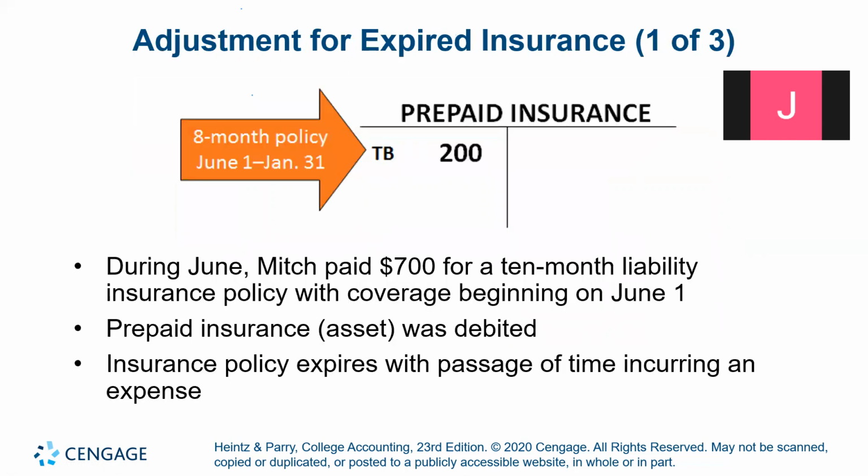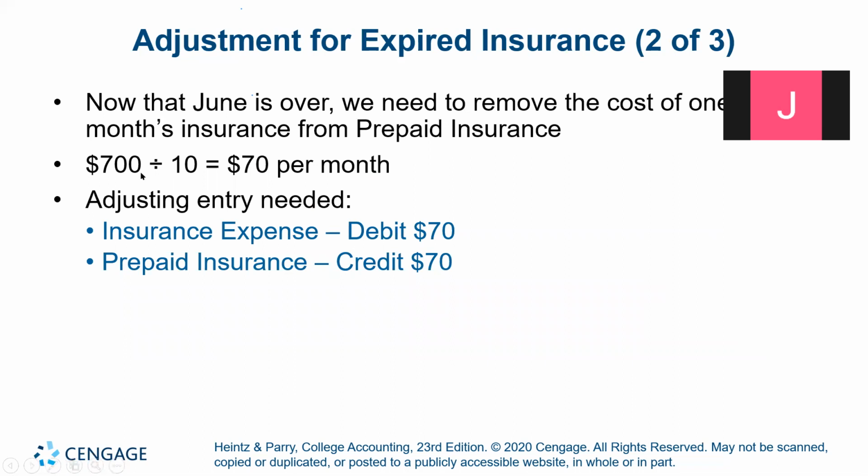Let's look at another prepaid, insurance. Here, they bought a policy for $700 with the coverage beginning on June 1st, and the policy expires over a period of time. So let's see what they're talking about. Now that June is over, we need to remove the cost of 1 month's insurance.